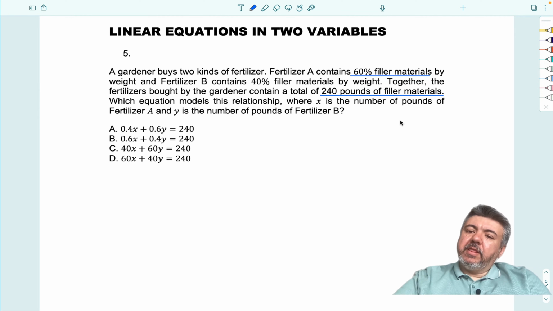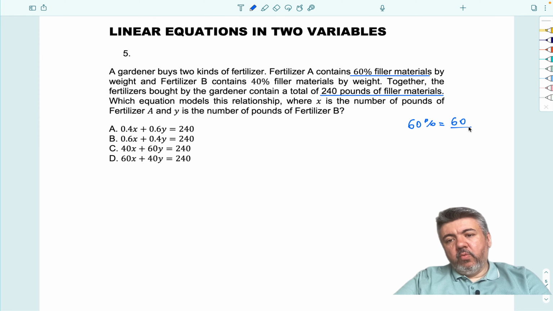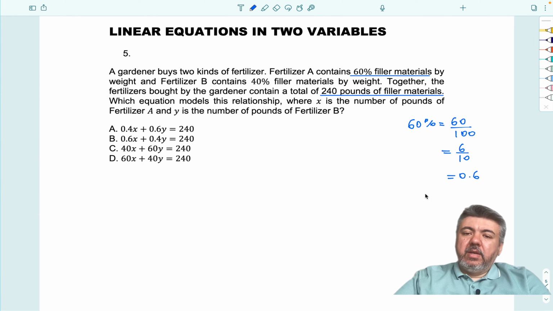Okay, look at this. 60% is actually 60 over 100, which is 6 over 10, which is 0.6. Similarly, 40% is 0.4.